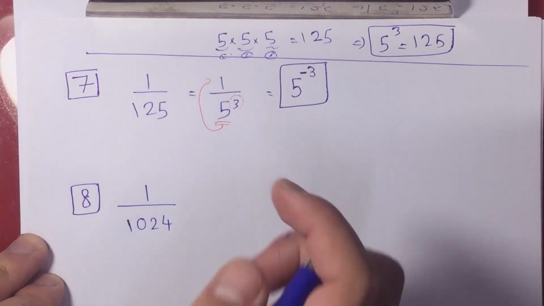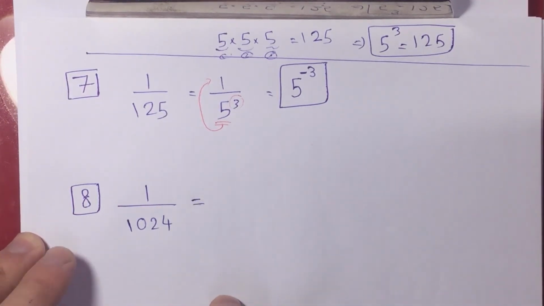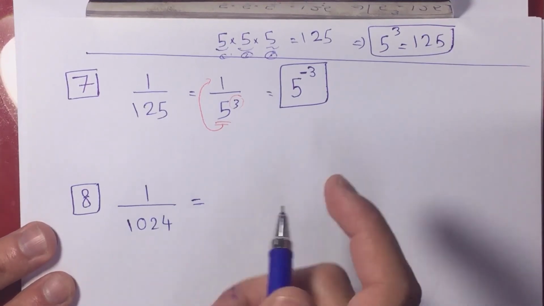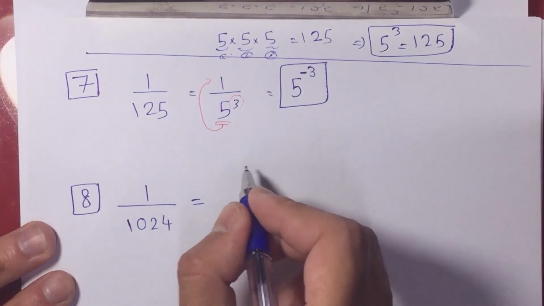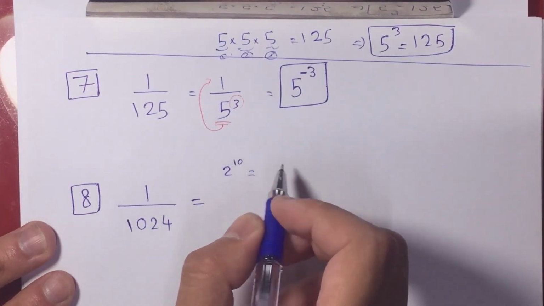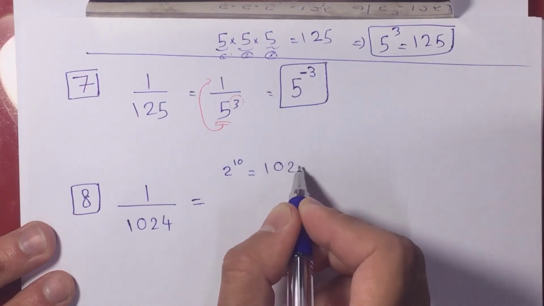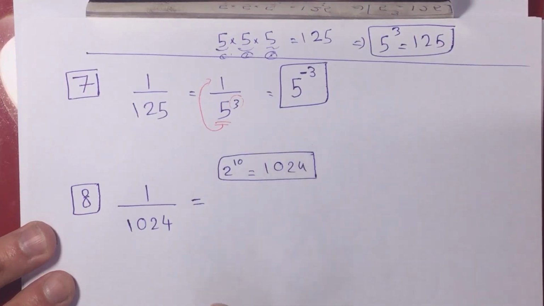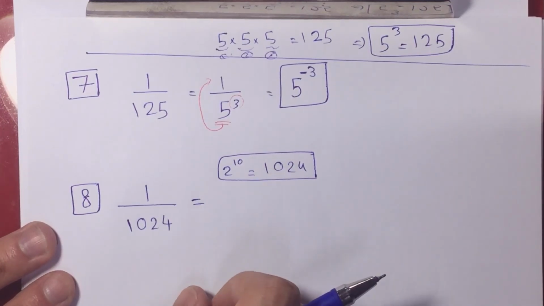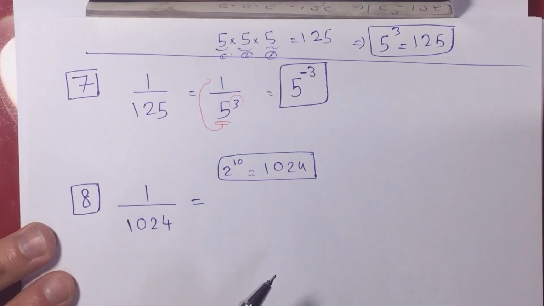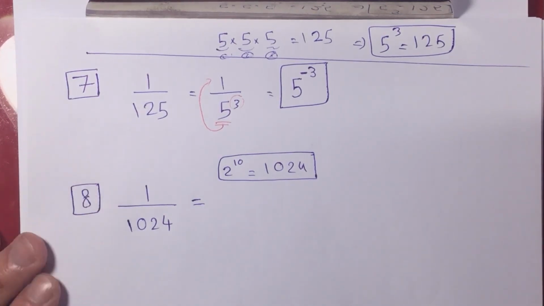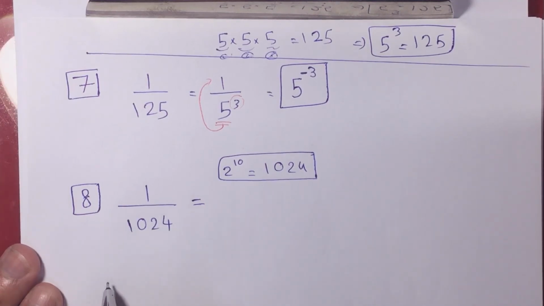You may take some time to find it, but this is 2 to the power of 10. 2 to the power of 10 is equal to 1024. If you didn't manage to calculate that, just stop the video now and try to write this factor in terms of negative exponent. Then play the video so that you can check your answer.